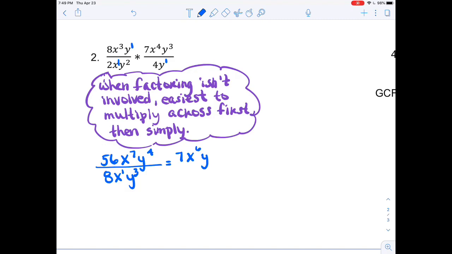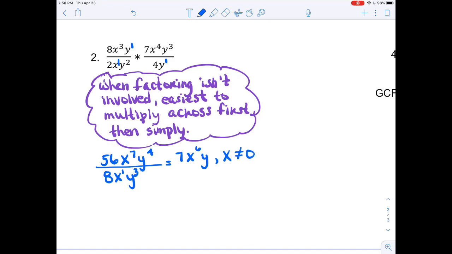Okay, we didn't technically cross anything out here, but what we need to do is see what has gone away from our denominator. So let's take a look at that. Well, I have no denominator left, so I've gotten rid of an 8. 8's not going to ever be equal to 0, so I don't have to give a restriction for that. But I also got rid of an x, and if x was equal to 0, then my entire denominator would be equal to 0.